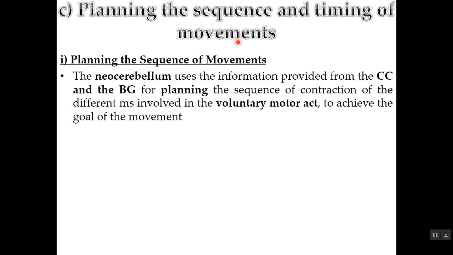The last mechanism by which the cerebellum coordinates voluntary movement is planning the timing and sequence of the movement. What's meant by planning the sequence of the movement? The new cerebellum uses the information provided from the cortex and the basal ganglia for planning the sequence of contraction of the different muscles involved in the motor act to achieve what?